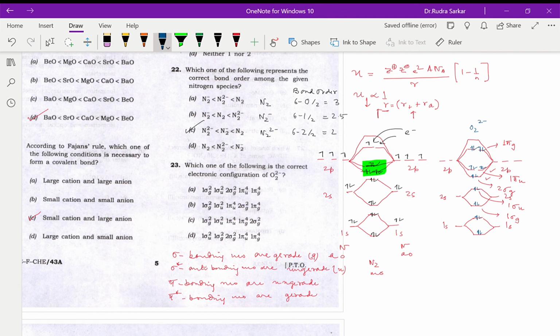So now if you write the electronic configuration, it will be 1 sigma g 2, 1 sigma u 2, 2 sigma g 2, 1 pi u 4, 1 pi g 4. So the correct option over here is going to be option number A.